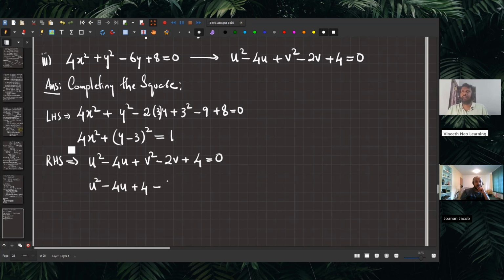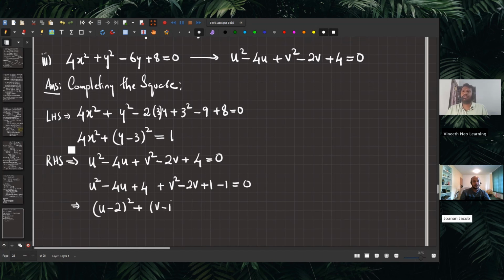Then we have v squared minus 2v plus 1 minus 1 equal to 0. So we get (u minus 2) the whole square plus (v minus 1) the whole square equals 1. Now the transformation looks easy, right?